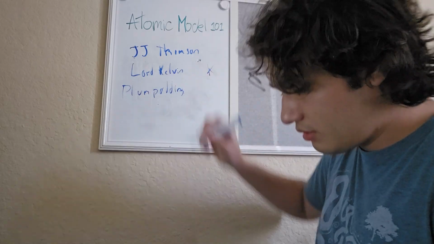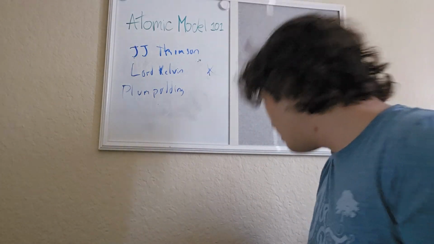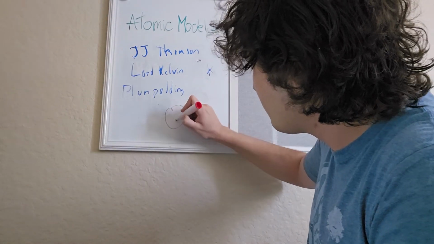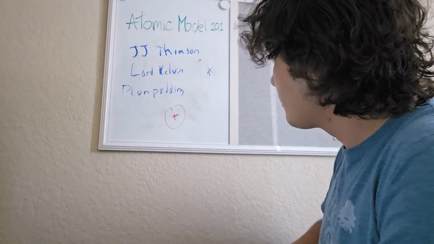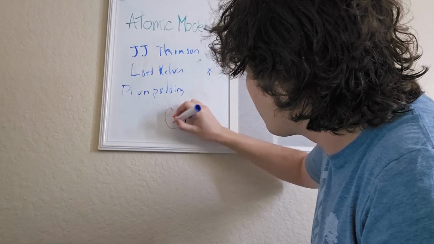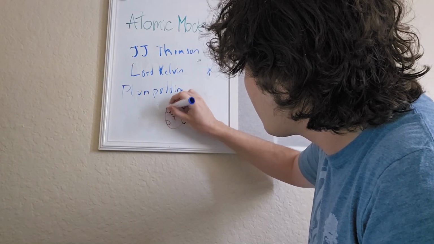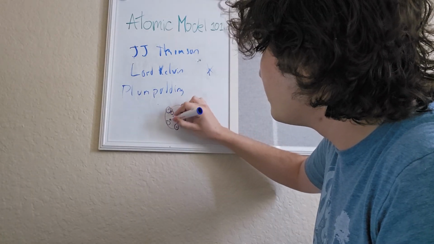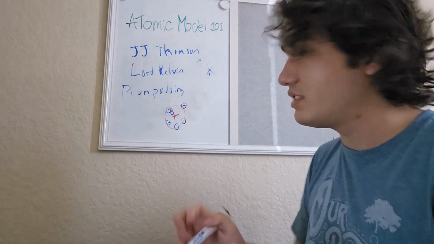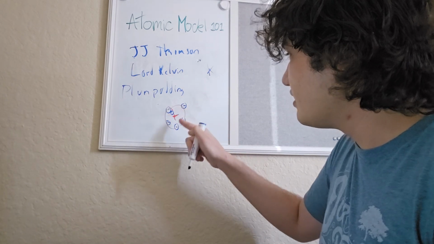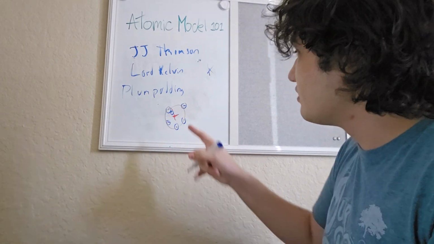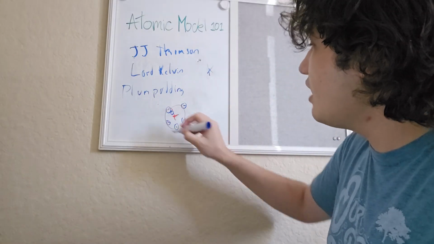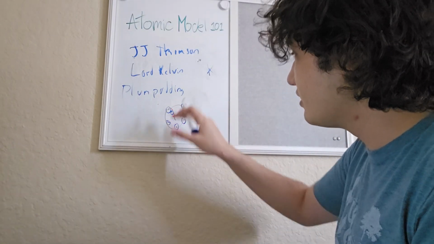Why is it the plum pudding model? Well, let me show you. Now, of course, as you can see, the plum pudding model basically suggested that it was comprised of two things: the center, the main core of it, which was a positive charge, and it having electrons sprinkled around it.